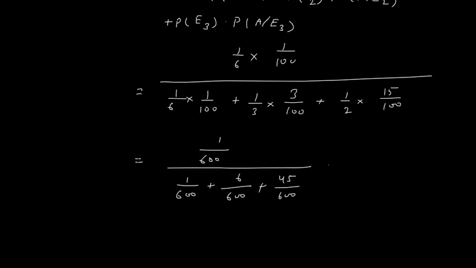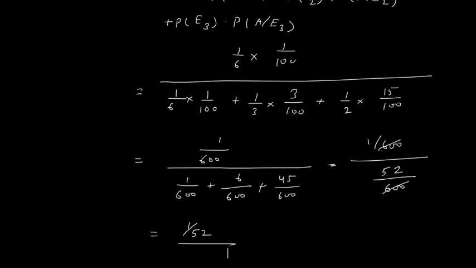I have done this to make calculation simple, so this is 1 upon 600 and denominator 6 plus 1 is 7, 7 plus 45, so 7 plus 5 is 12, 1 carry, 4 plus 1 is 5, 52 divided by 600. Now this 600 and 600 will cancel and finally I will get 1 divided by 52. So 1 divided by 52 is the required probability.